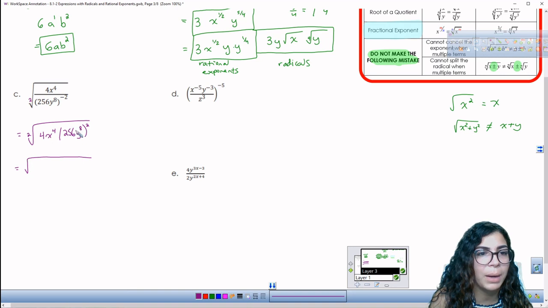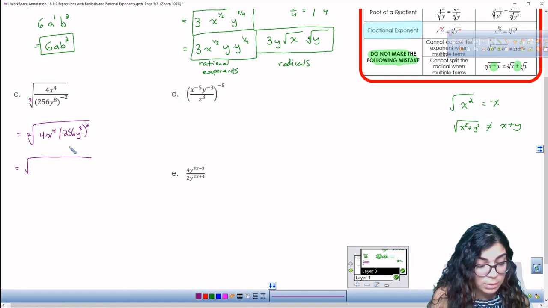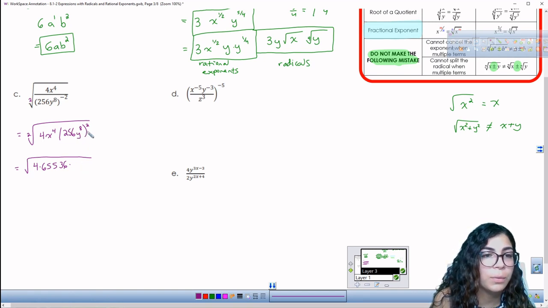So let's distribute that power of 2 to both. 256 raised to the power of 2 would be 256 times 256, which is 65,536. That's a lot.